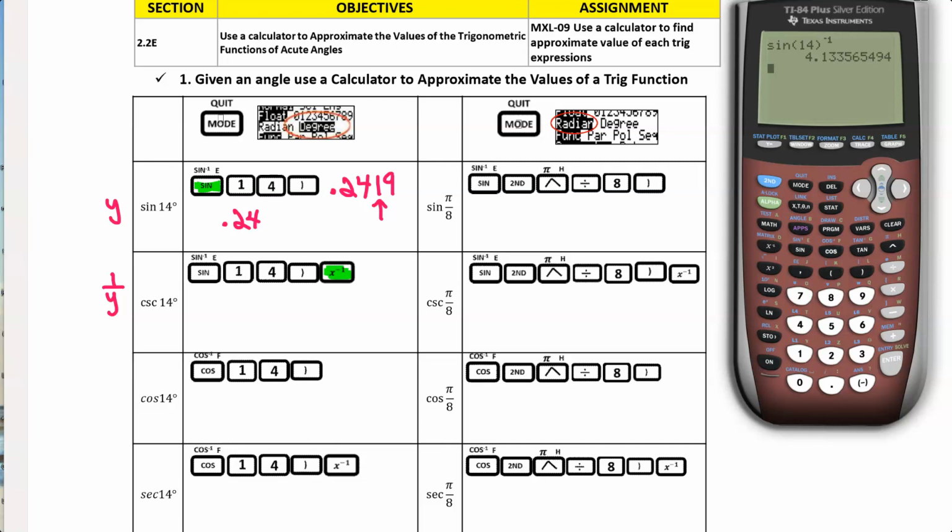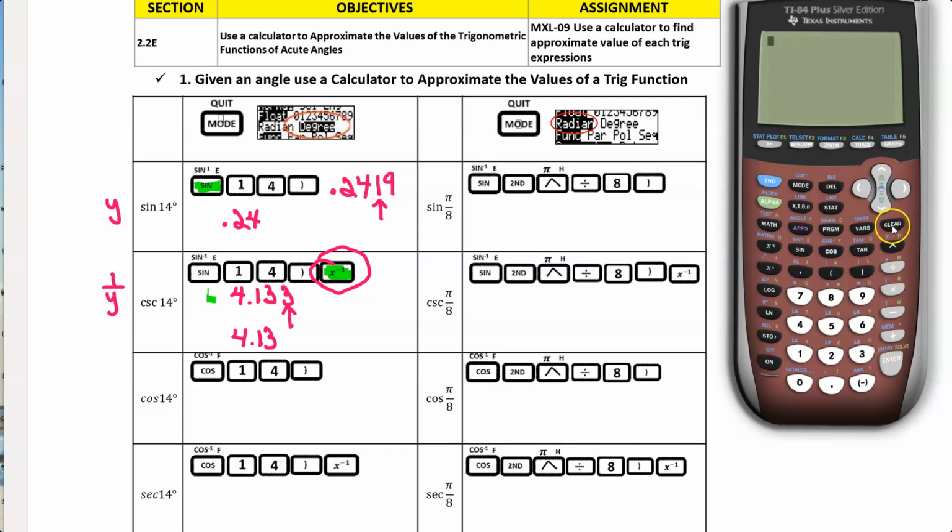That's sine flipped. If I was going to do this to 2 decimal places, this would be 4.133. The second 3 tells me leave it alone, so my answer is 4.13. The only difference between these two questions was using the reciprocal button.